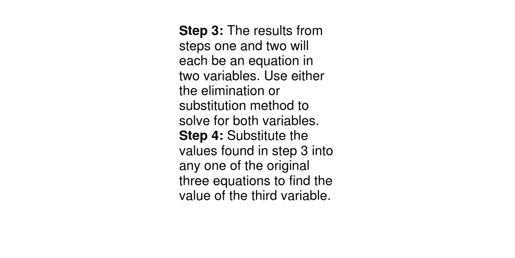Then in step 3, you can use either the normal elimination or substitution method, and you solve for the two variables. And in step 4, you substitute to the original equations what you got for the two variables in step 3 to get the third variable. Let's look at an example to get the concept well.